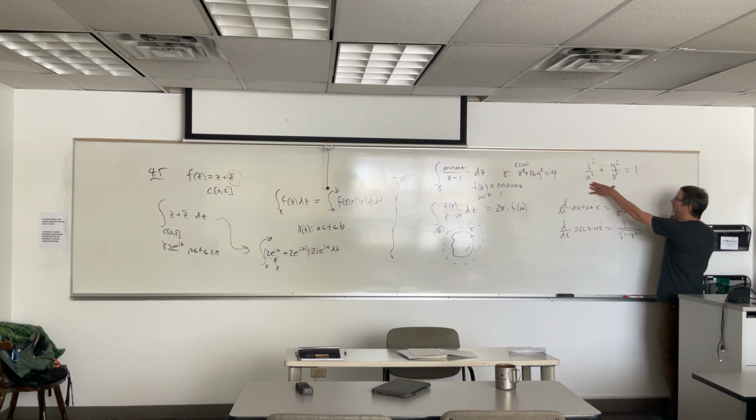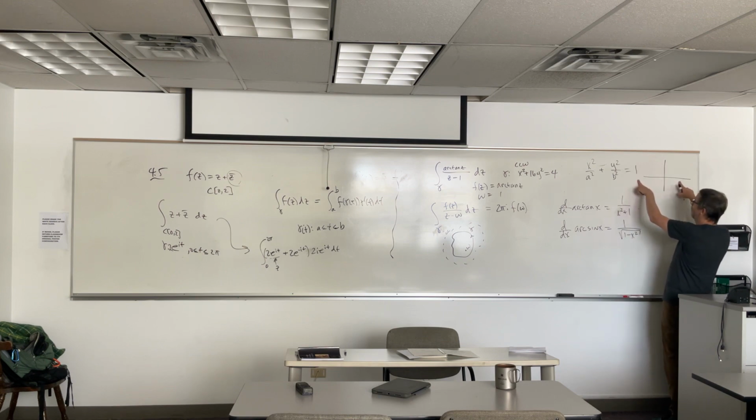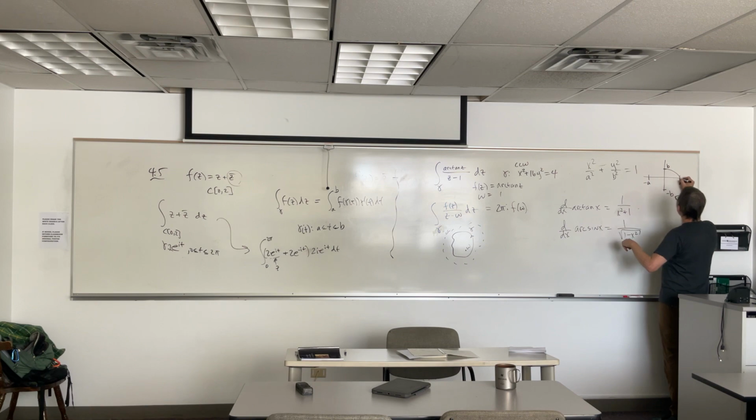If I know that I have an equation like this, what kind of an ellipse would that be? How far out horizontally? Yes, I heard A. And then the vertical is B, and then you have this ellipse. So our ellipse is going to be traversed like that.